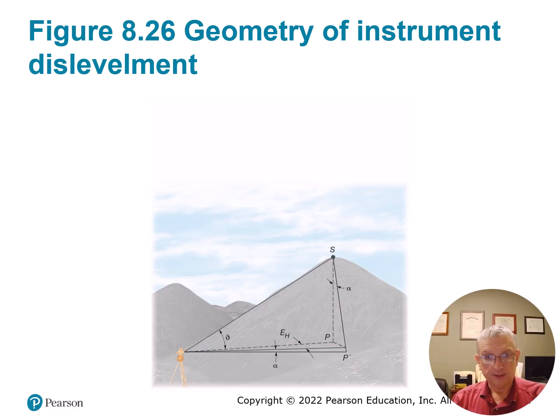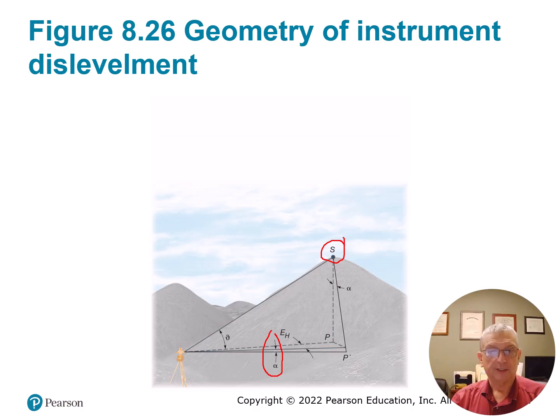So basically, your instrument is here. I don't know that I can think of a better way to illustrate this, but S is your forward point. It's basically saying that whatever that alpha angle is, your instrument is going to be out that much. Now I'm exaggerating with my hands, but you're going to be out that much.